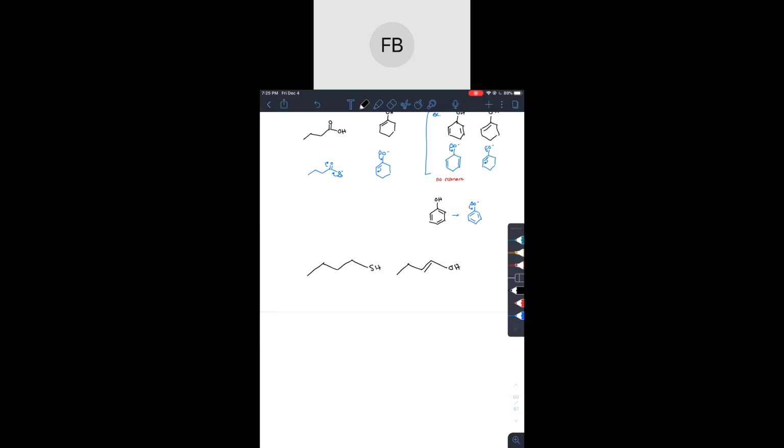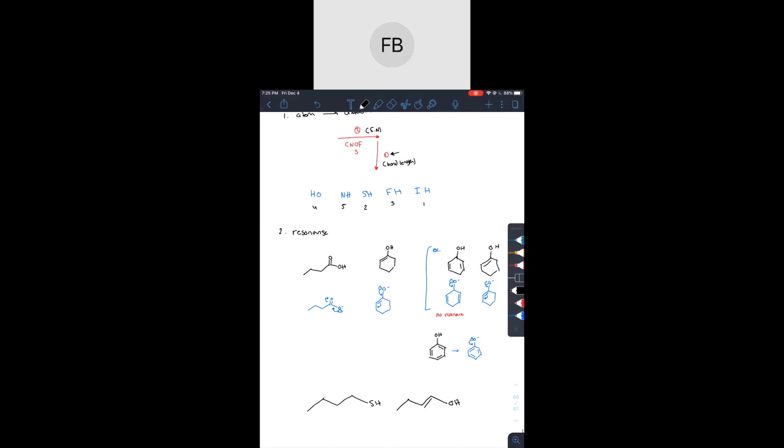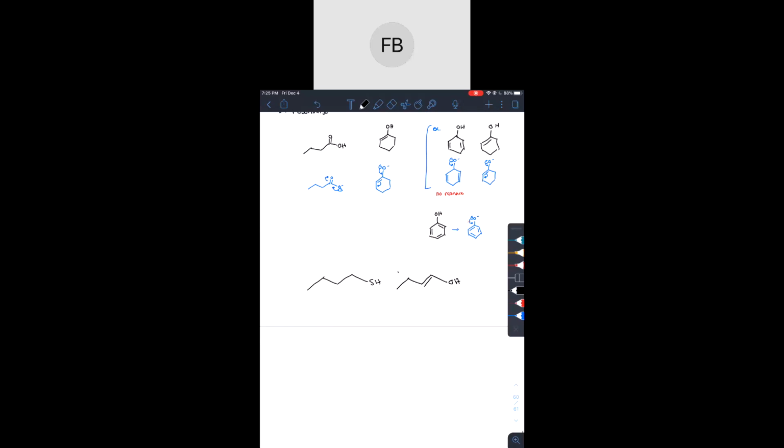Which one's more acidic? You'd have to circle this one because the first most important thing is the atom. Even though this one has resonance, it doesn't count because the atom is worse than sulfur. So this is going to be better.